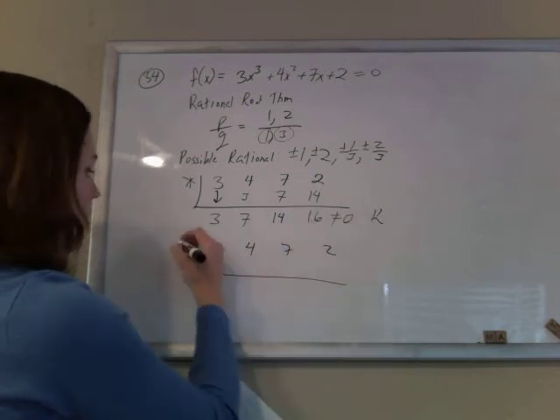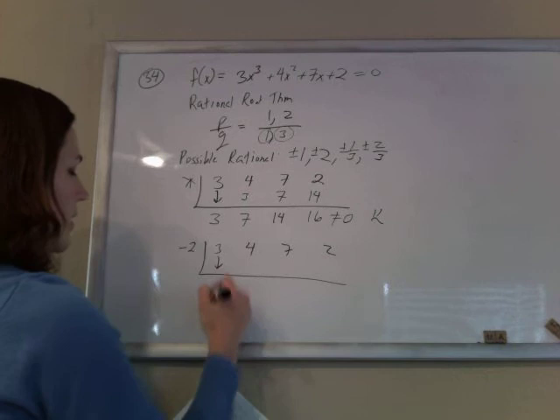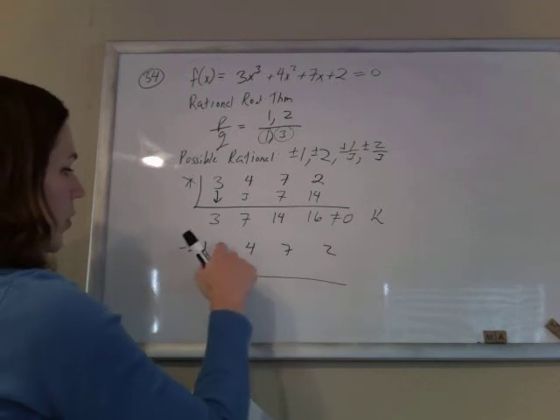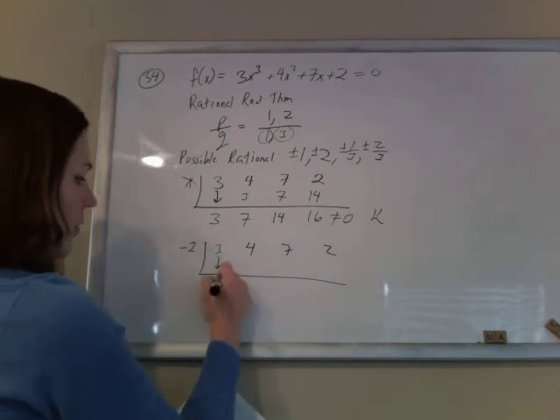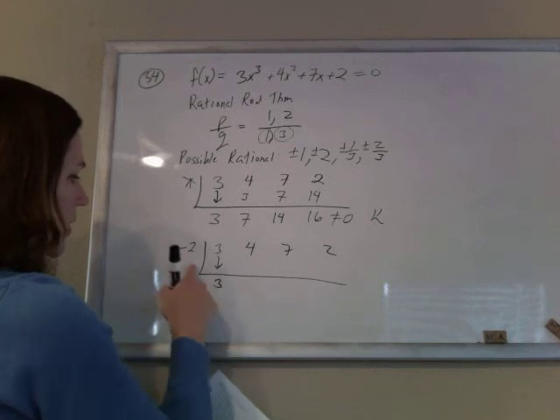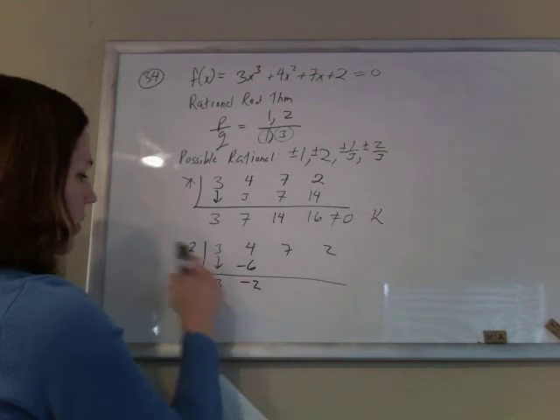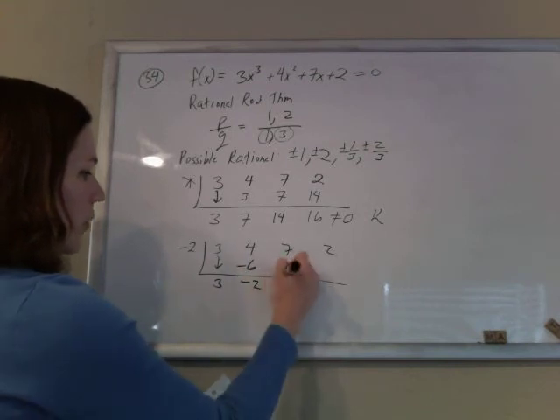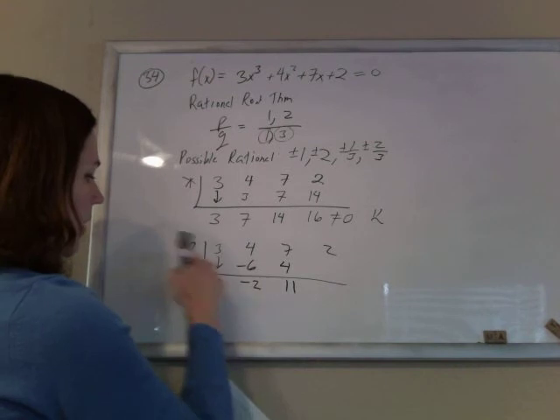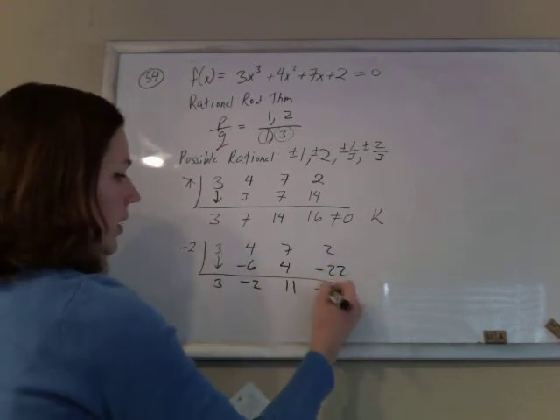I'm going to skip here to -2 just because I think it'll show you a little bit more what the synthetic division is like. So I'm going to drop the 3 down first. You always start by dropping that first number down. And then you multiply. So -6 and add -2. Multiply 4, add 11. Multiply -22, add -20.